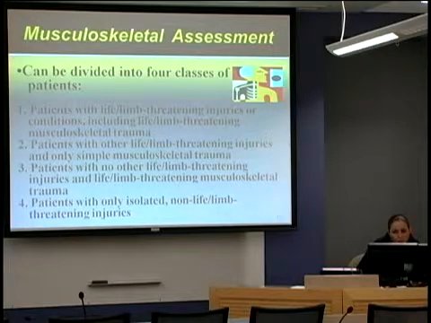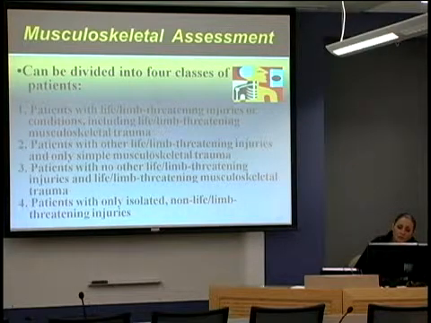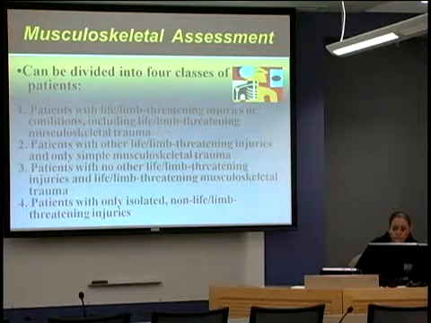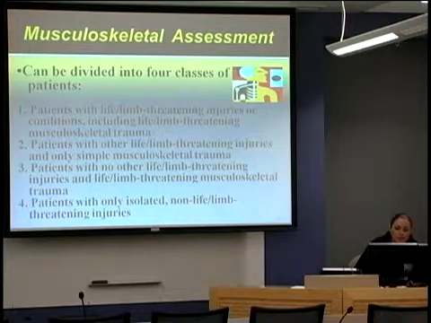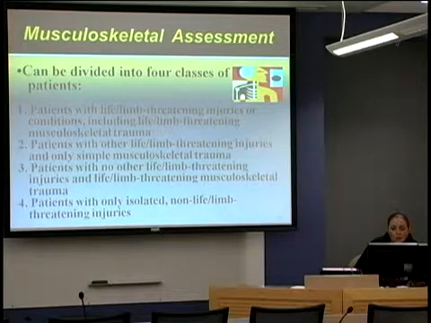So, musculoskeletal assessment. Patients who suffer musculoskeletal injury can be divided into 4 classes of patients. First is the patients with life, limb-threatening injuries or conditions, including life, limb-threatening musculoskeletal trauma. The second group of patients is with other life, limb-threatening injuries and only simple musculoskeletal trauma.